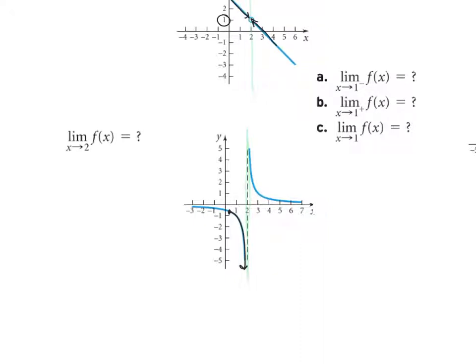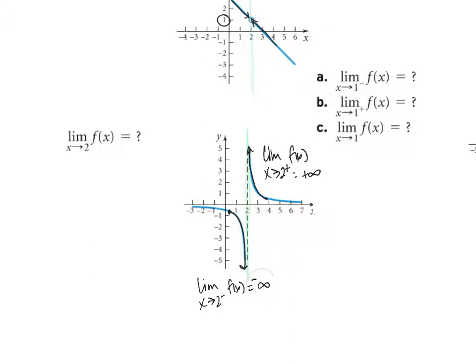What is the limit as we approach 2 from the left of this function? This is negative infinity. Okay, so now let's check the limit from the right. Again, I'm going to start on the graph on the right side of the wall and then move toward the wall along the graph. And this limit, as we approach 2 from the right of our function, is positive infinity.